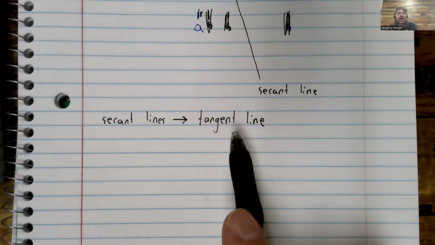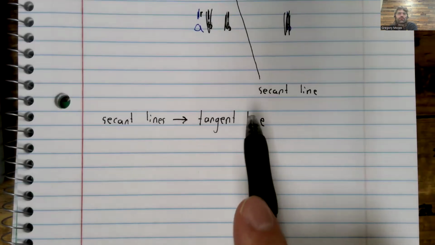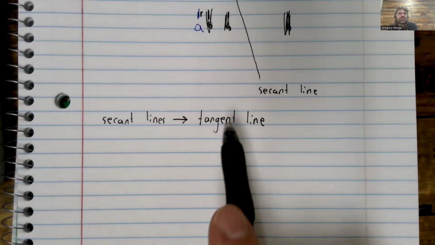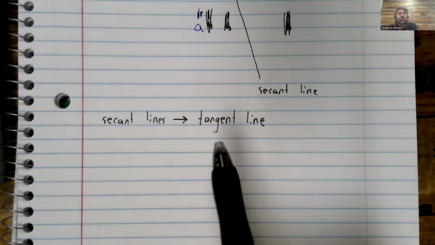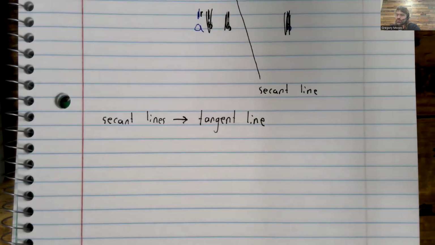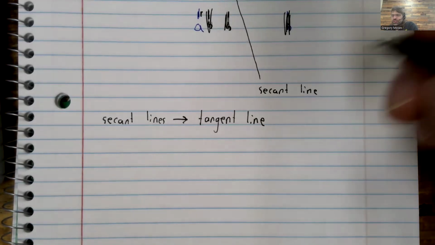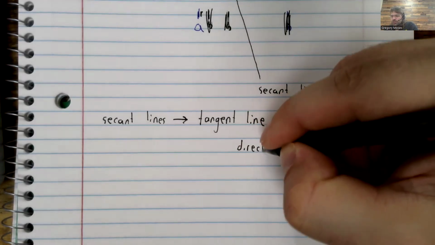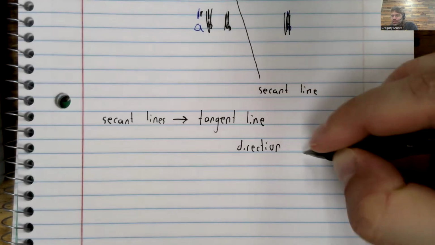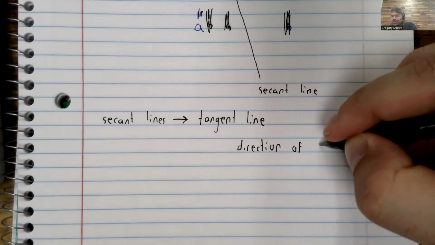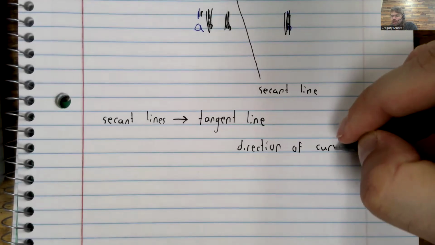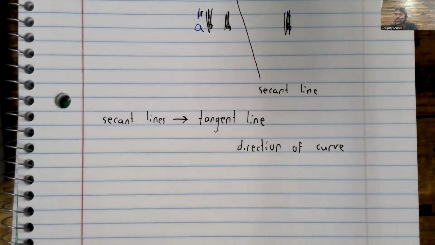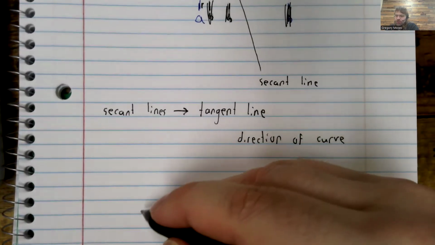But tangent lines are really, really important in a lot of physical applications because tangent lines give the direction of a curve.